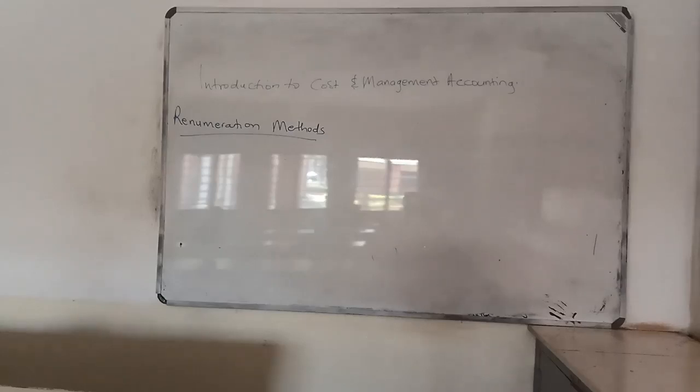Salaries have got methods which depend on the qualification of the one that is being paid. That's why we want you to graduate with a degree and out there get a better salary. So when we're talking about payment of remuneration, we are talking about pay based on the qualification that someone has.